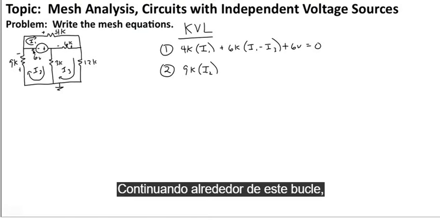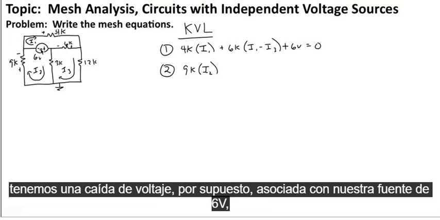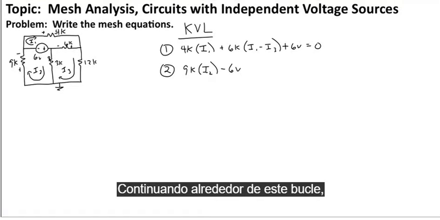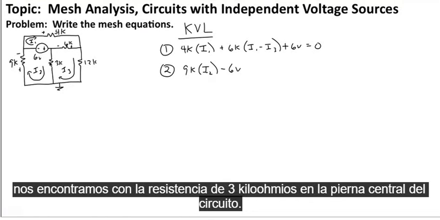Continuing around this loop, we have a voltage drop associated with our 6-volt source, which is a negative polarity first. So it's going to be minus 6 volts. Continuing around this loop, we encounter the 3 kilo ohm resistor in the center leg of the circuit.